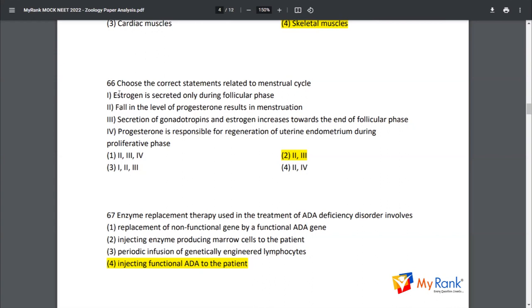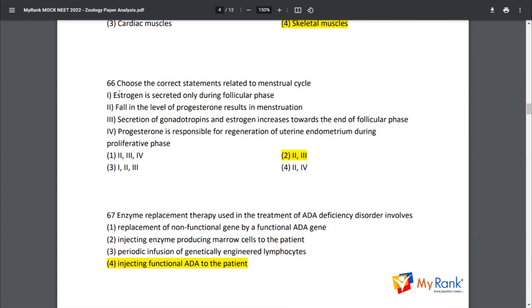Statement 2 states fall in the level of progesterone results in menstruation. True, because progesterone is responsible for maintenance of pregnancy. So, whenever there is a fall in the levels of progesterone in the body, that can result in the start of menstruation. So, statement 2 is correct.